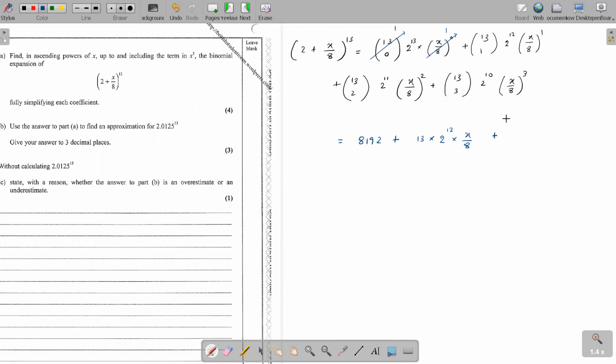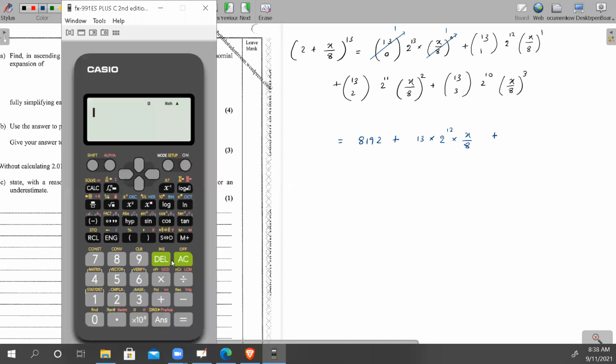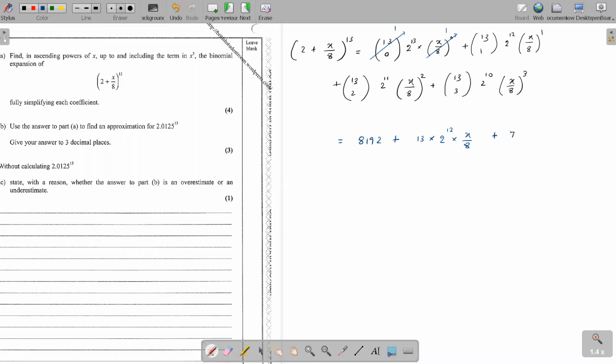13C2. I'll write one step. 13C2 gives me 78, into 2 to the power 11, into, so the power 2, the square goes inside to both the figures.